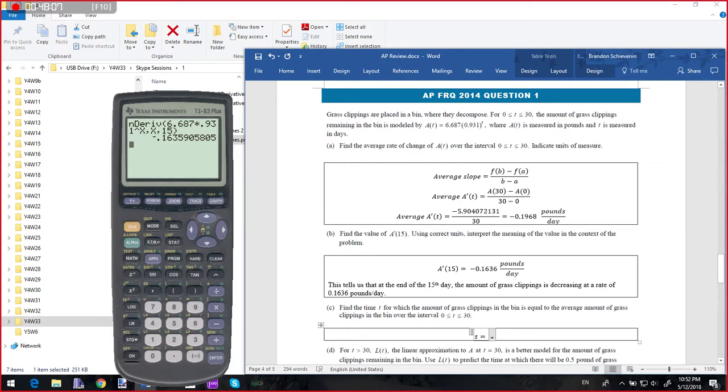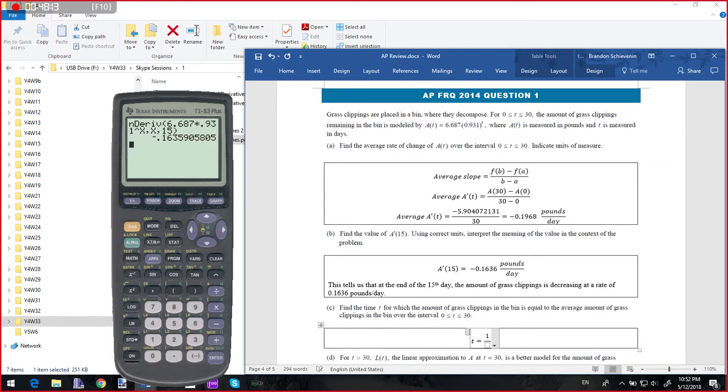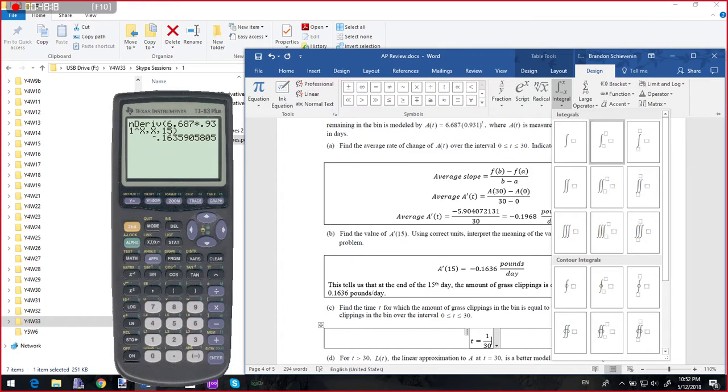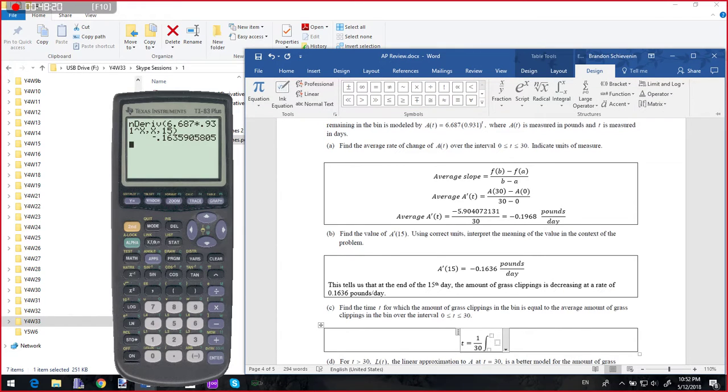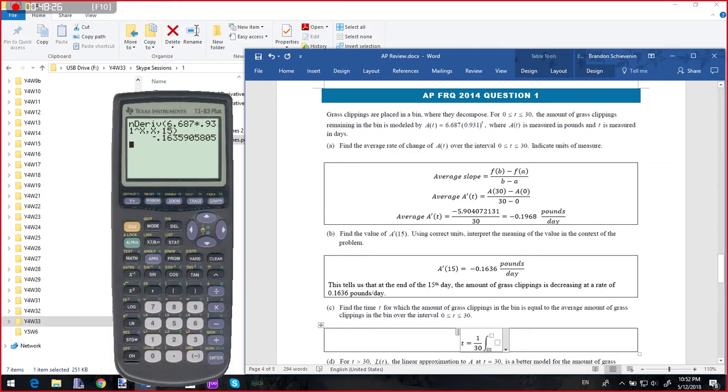Okay, so what's that going to look like for our problem? 1 over 30 times the integral from 0 to 30 of A of t. Okay, awesome.